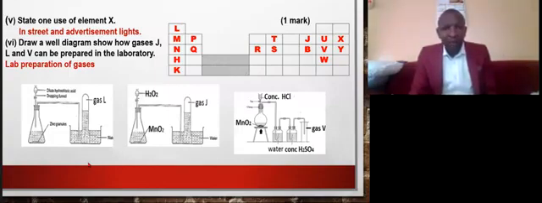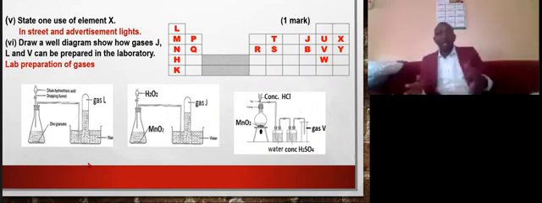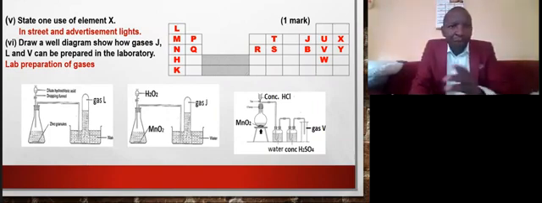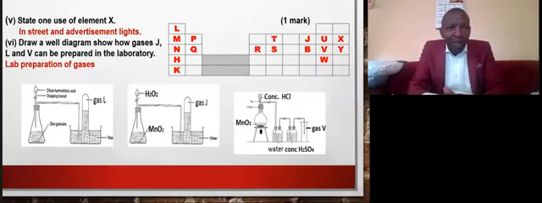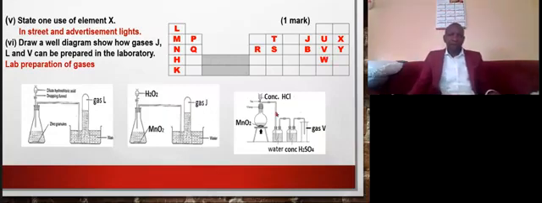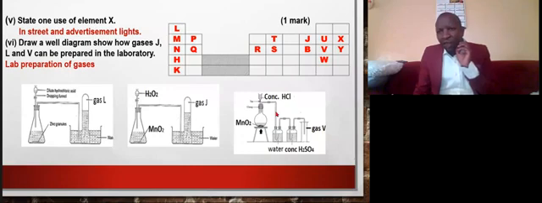So now we are saying an exam can be tested whereby you are told to state one use of element X. You can be told to draw a well-labeled diagram to show how gas J, which is oxygen, gas L, this is hydrogen, and gas B, which is fluorine, can be prepared in the laboratory. So you invoke those concepts, and there will always be a question on the gases. You'll never miss, so it is very important for you to understand that.